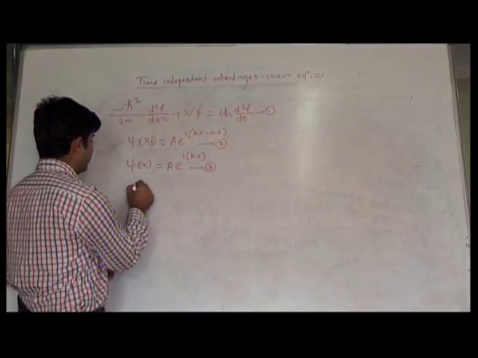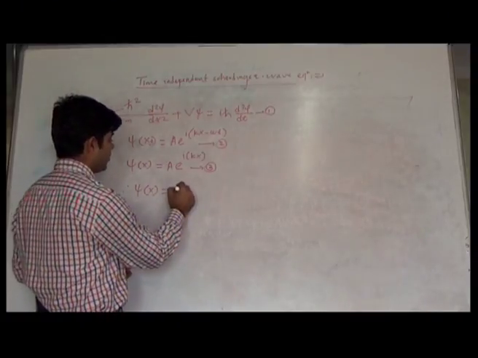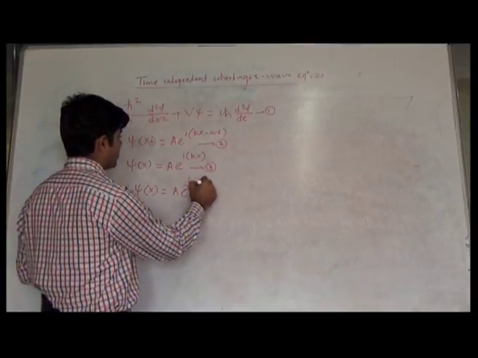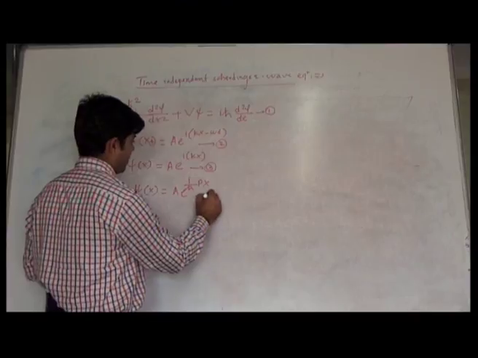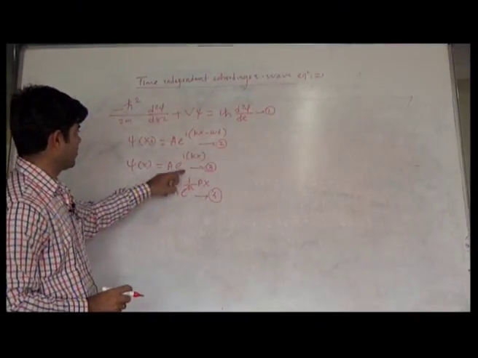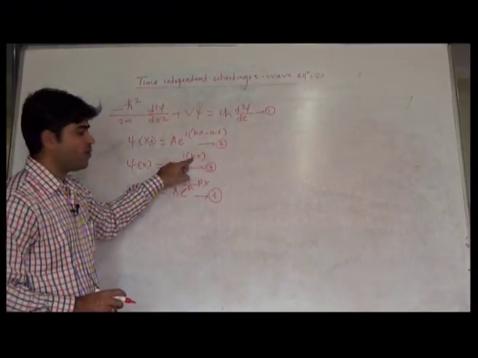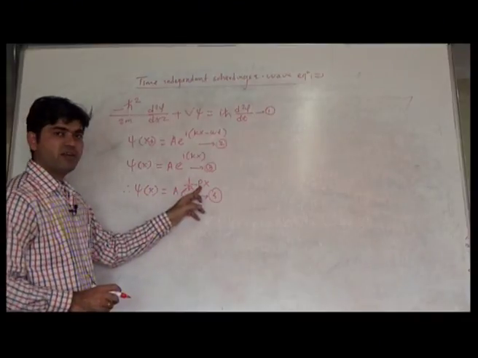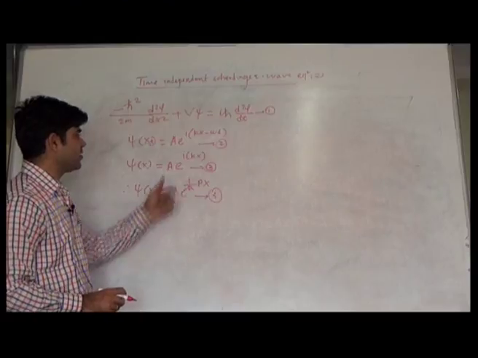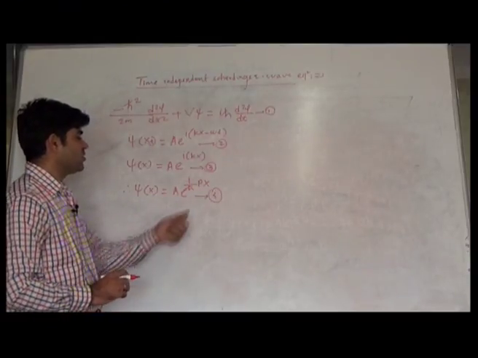So we can write psi of x is equal to A e raised to i upon h cross into px, equation number 4. We can put here the value of k, which is p upon h cross. We had already derived this relation for k in a previous topic, so we can use that value directly here.